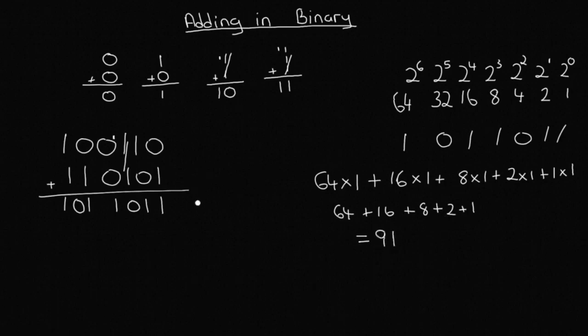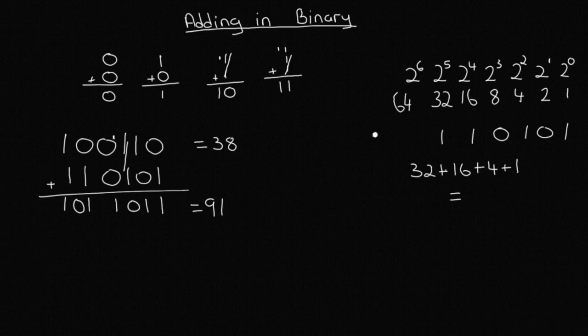So we know that this binary number here is equal to 91. The next thing we need to do is convert these other two binary numbers into decimal, and then we can add these two numbers together in decimal format, and check to make sure that it's 91. So now we've got our binary number here, and we can see that it's equal to 32 plus 16 plus 4 plus 1.